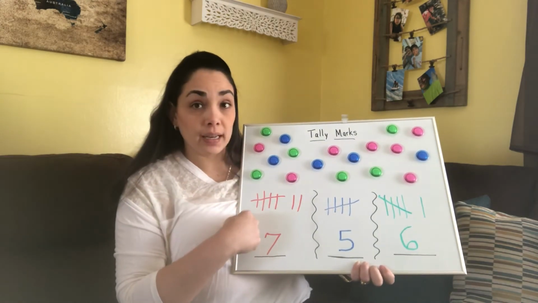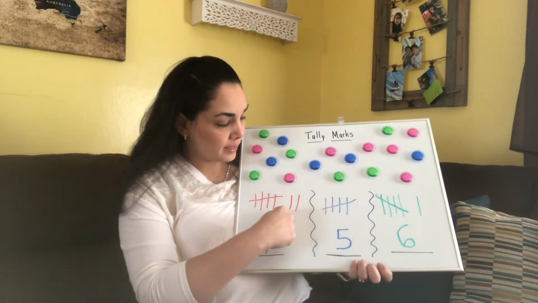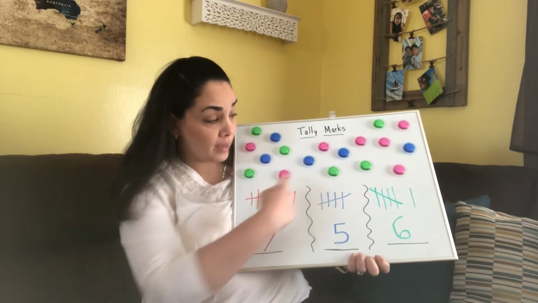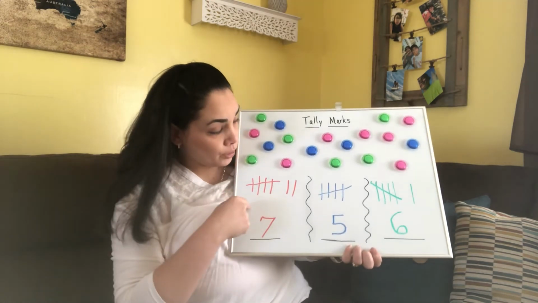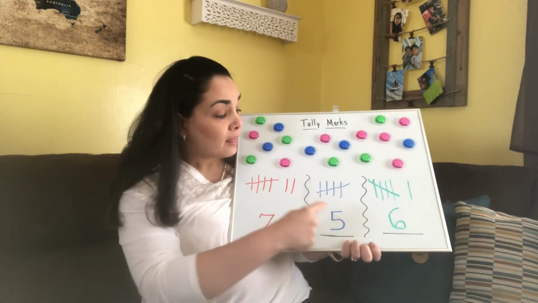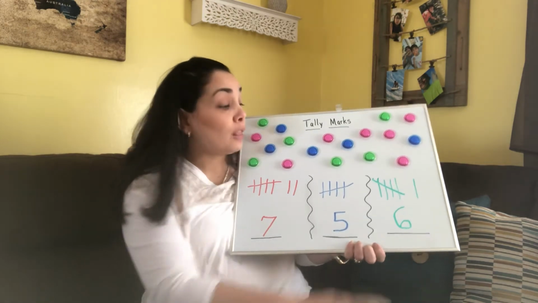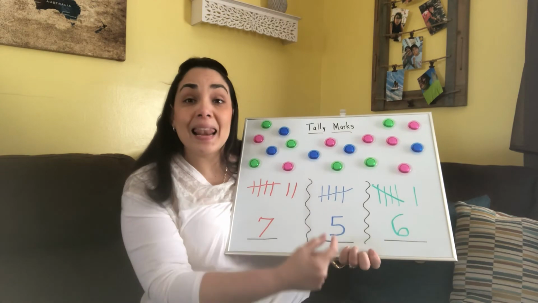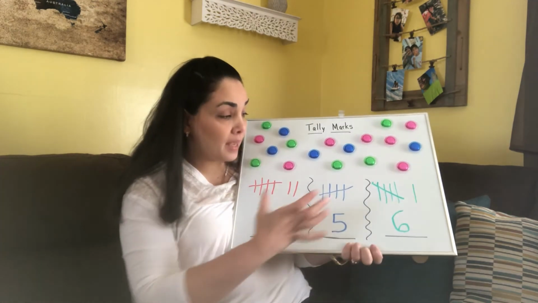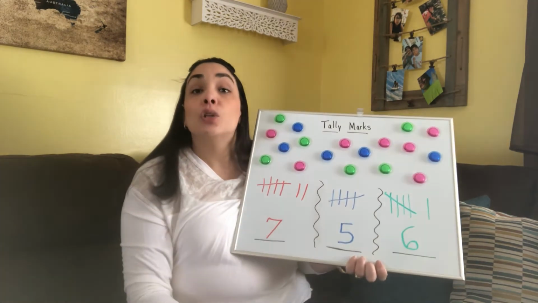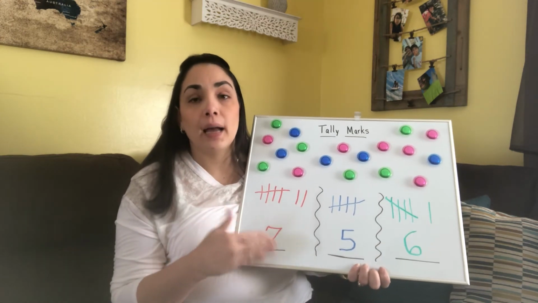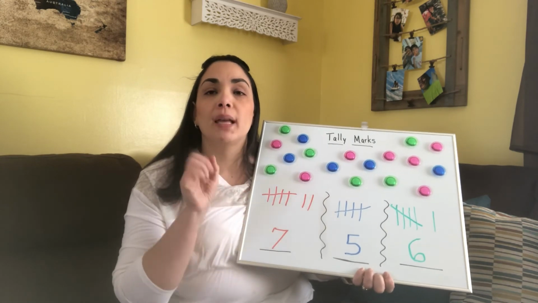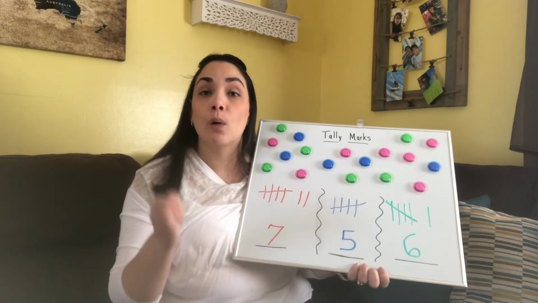Then I will know there's more pink ones than blue ones, and more green ones than blue ones, or there's less blues than pinks and greens. So as you can see, a tally is just a bundle of 5, okay? We make a bundle of 5 so that we can count by 5s.